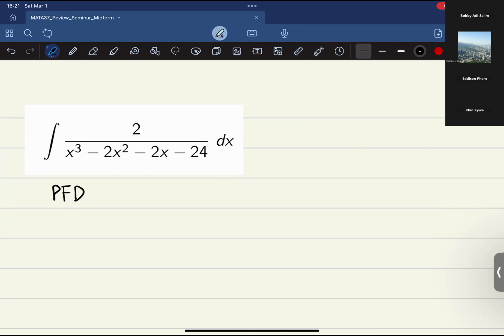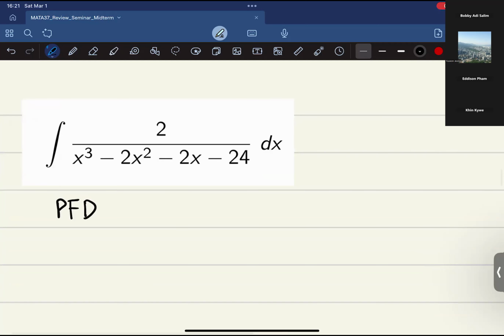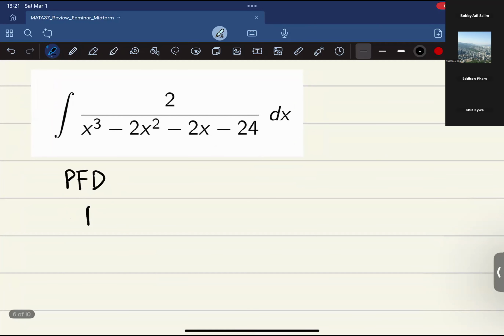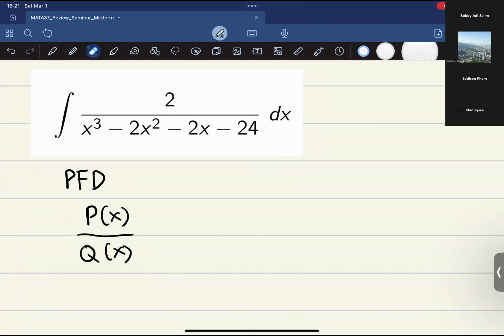And yeah, in general, if you see a rational function, which is some polynomial over another polynomial, and the denominator is a higher degree than the numerator, then you can directly apply PFD.